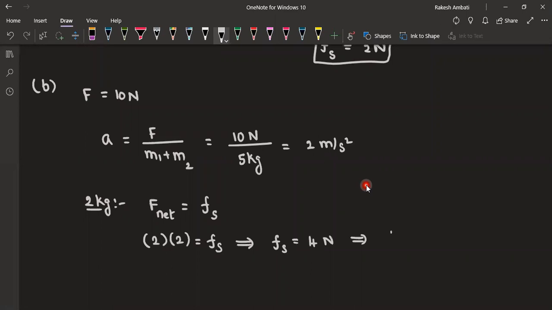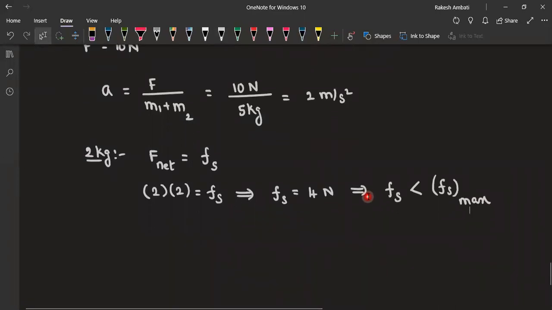Now this Fs value is less than Fs maximum or greater than Fs maximum? Less than. Less than means what is our conclusion? They move with the same acceleration. Both blocks are moving together.